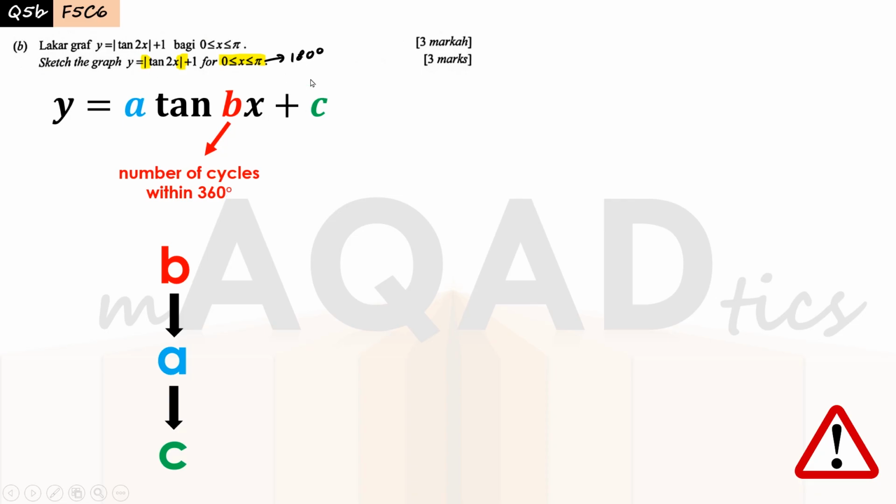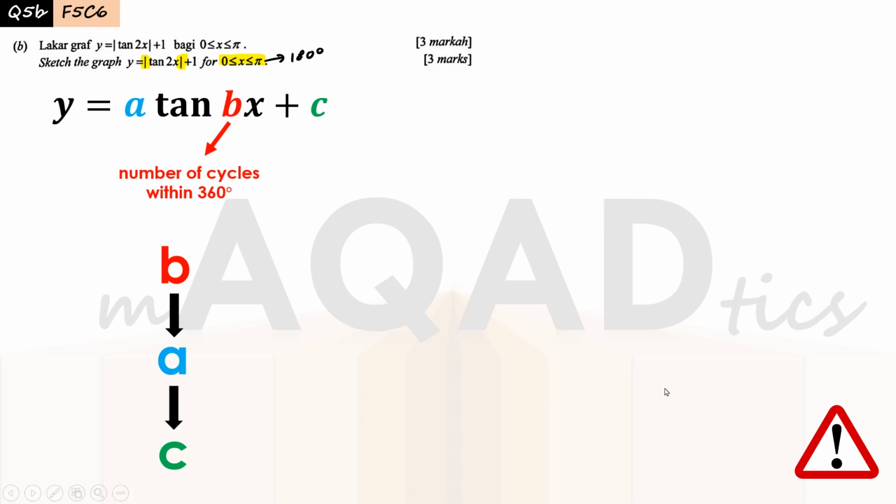If we compare this equation with this equation, the value of B is 2. So this means we are going to draw the tangent graph 2 times, or 2 cycles, all within 360 degrees. Now I would draw a sketch first, then later on we will draw it into our graph.